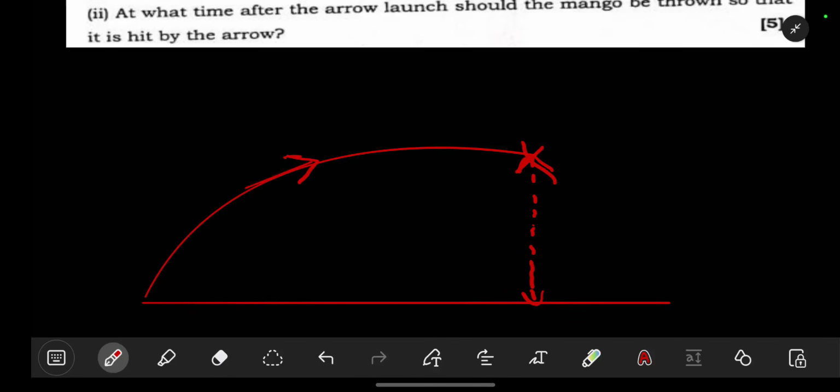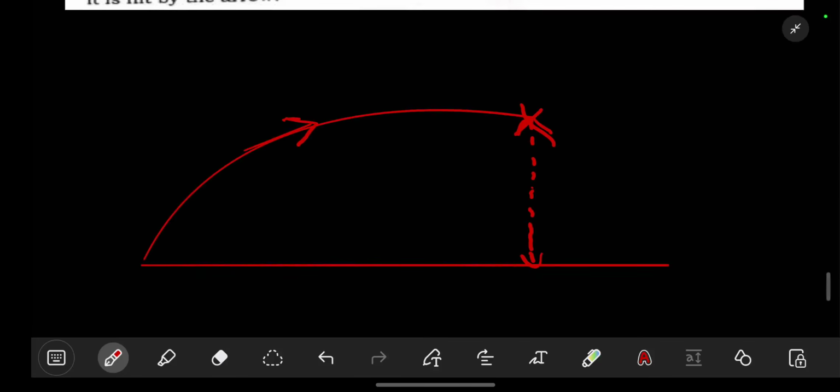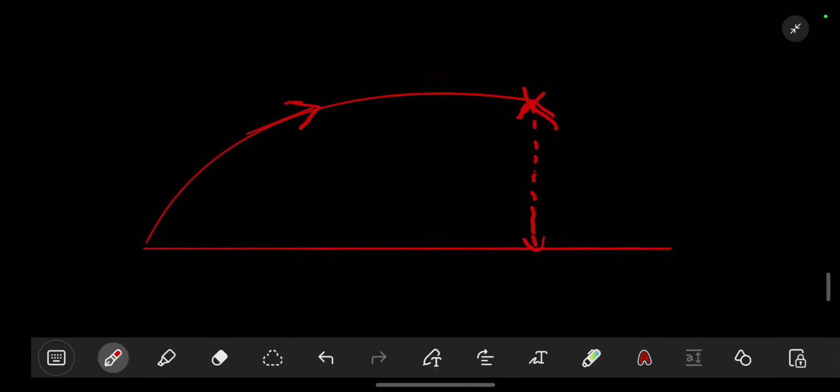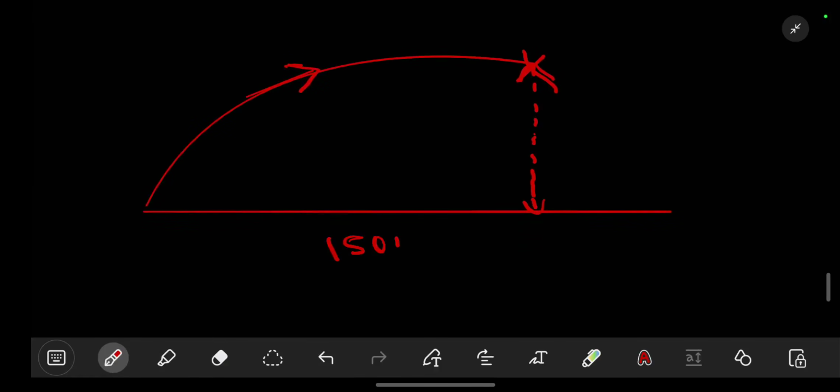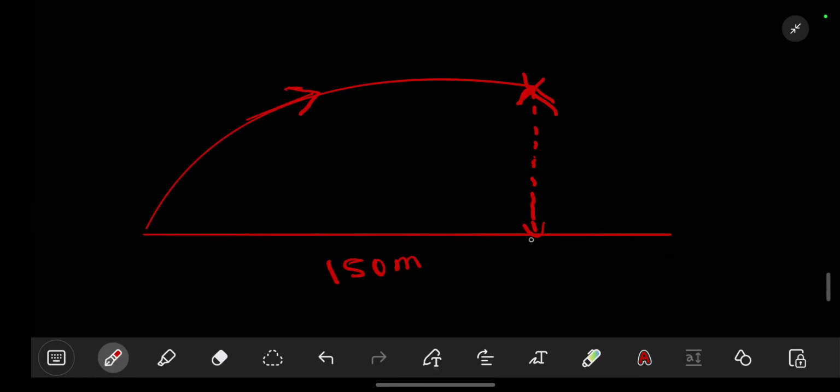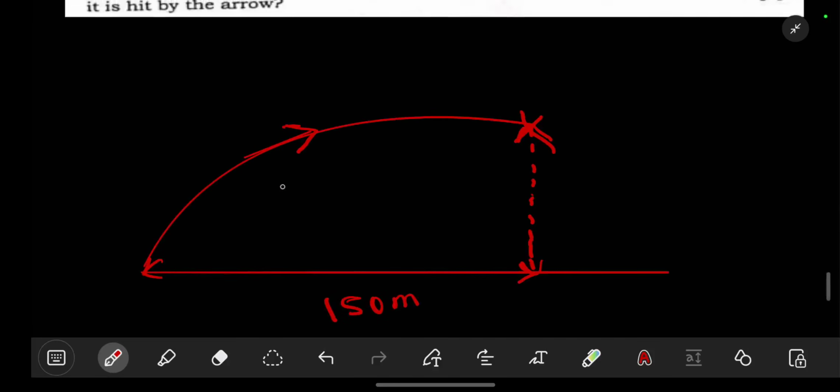So we will need to find certain things. Now the thing is that we have the distance, it is 150 meters. So the first thing that we are going to find is the time it will take for the arrow to cover a distance of 150 meters.